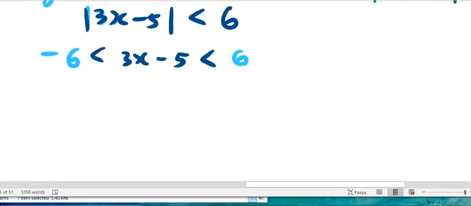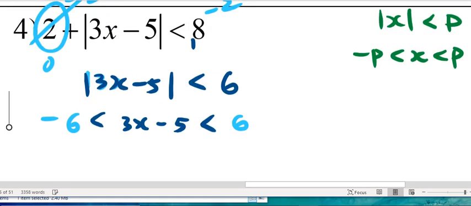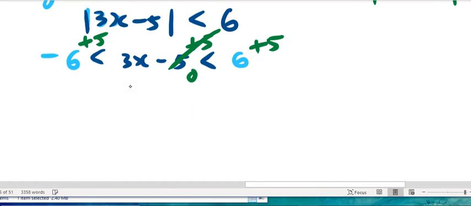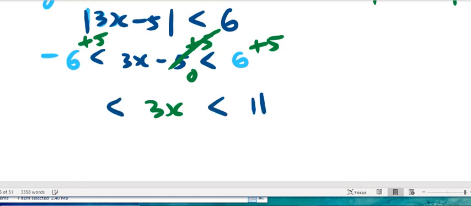Okay, so don't forget to get rid of the 5 by having plus 5 both sides. So end up you will have 3x. You have 11 here, and here you got negative 1.